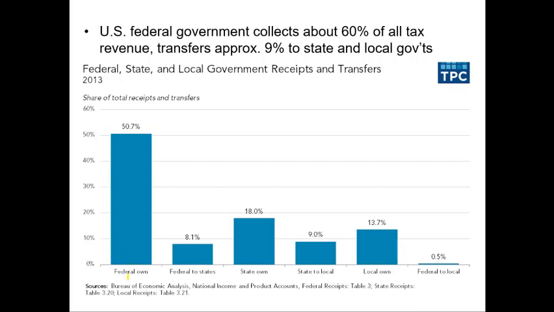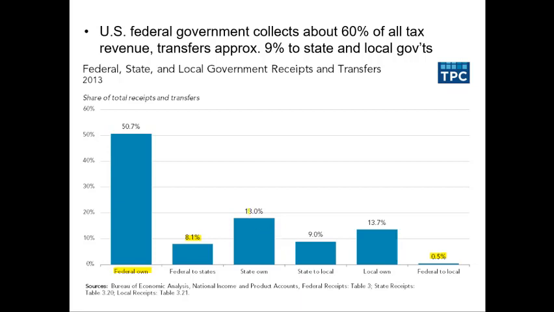This is somewhat in line with Table 9.1, which is from 2010. This is from 2013, so you'll see slightly different numbers here. But the federal government on its own collects 50% of the revenue and then transfers 8% of it back to states and about 0.5% of it back to the local jurisdictions.